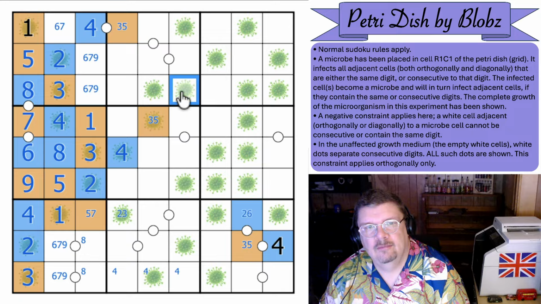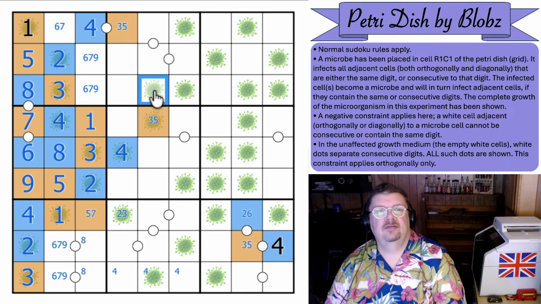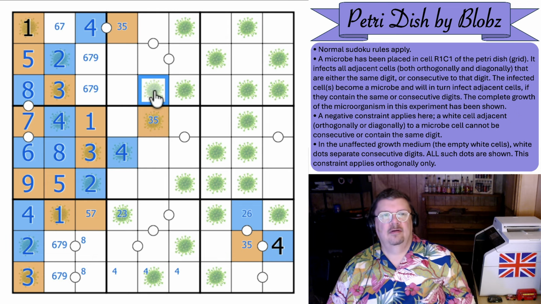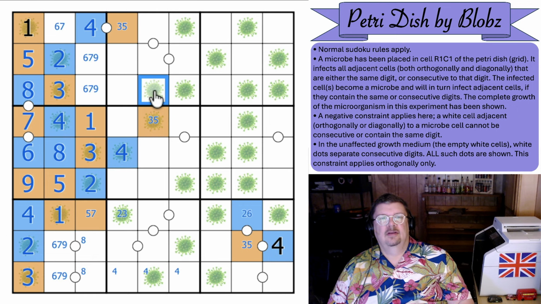If that were 5 or 6 and infected first, that could be 6 or 7. So there's a ton of different options, and that's quite a challenge.